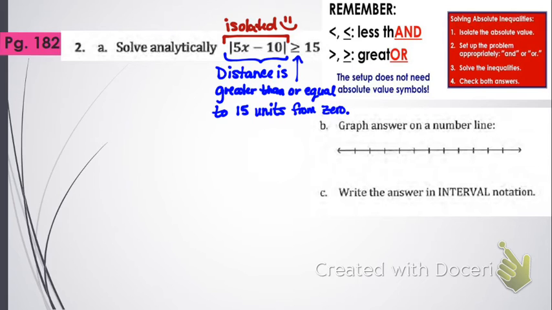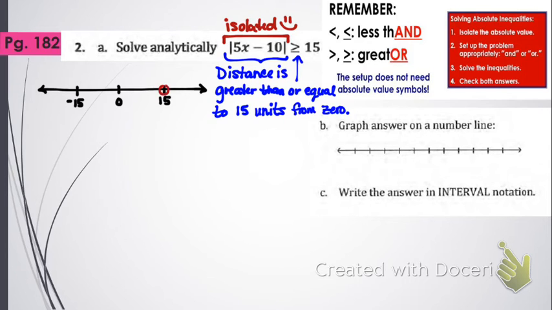So I want to draw a quick number line again because I want to make sure I'm setting this up right, and my number lines help me think through these things. So 0's right here. Where could I be if I'm 15 units from 0? I could be at -15, or I could be at +15.